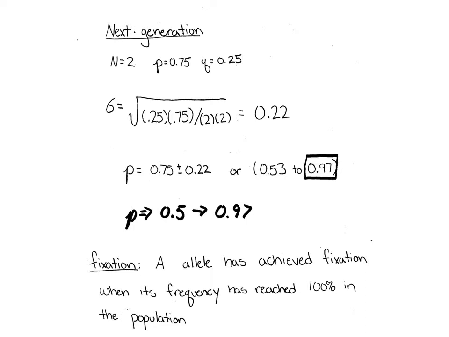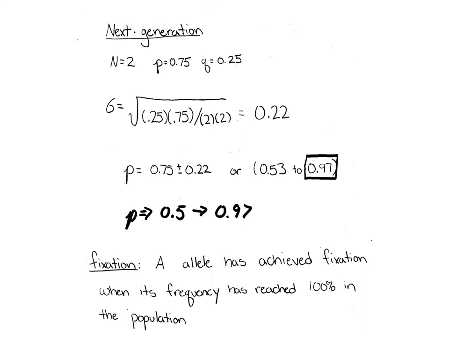We plug that again into the equation, and we now have a standard deviation of 0.22. So we can add or subtract that from 0.75, and that tells us that we're likely to go back down in that next generation towards 0.5, or we could go up, and in fact it wouldn't be that out of the ordinary to get all the way up to 0.97.